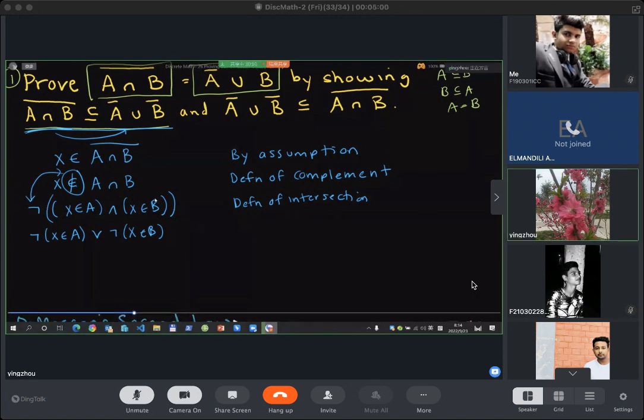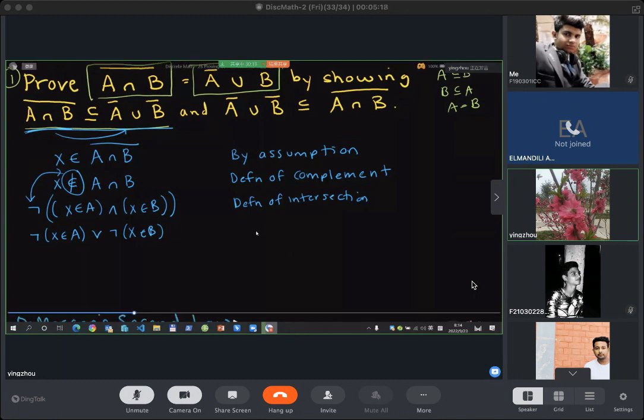What is the reason from this step to this step? It is just the logical mechanism. We have already understood this from the propositional logic.